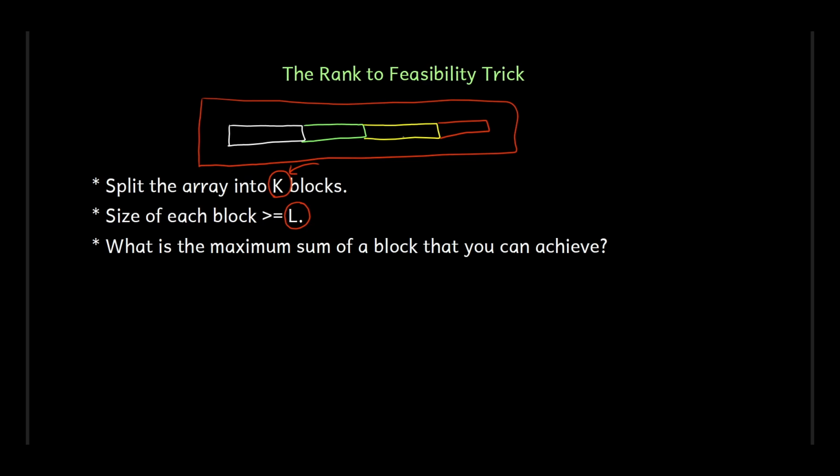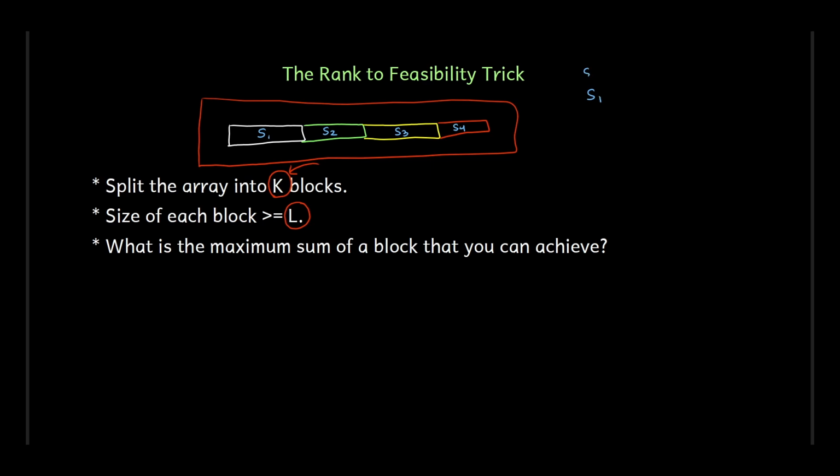After you have done this partition, let's compute the sum of each block. You sum up all the numbers in this block, call it S1. Call this one S2, this yellow sum S3, and this red sum S4. Then you sort all these sums in order.